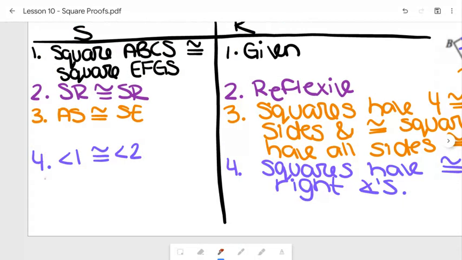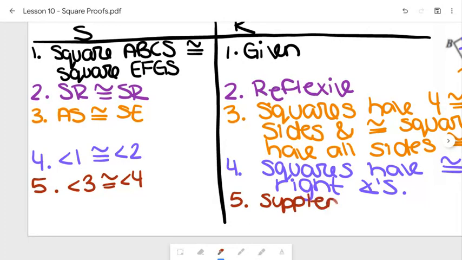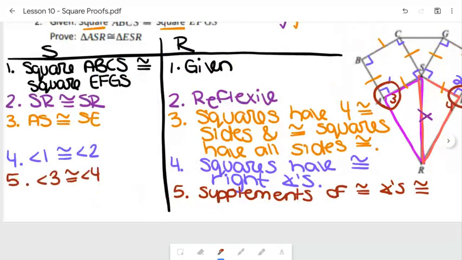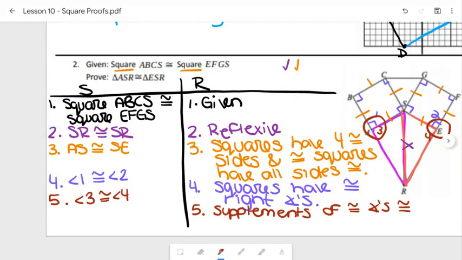So I'm going to jump and say that angle 3 is congruent to angle 4 because supplements of congruent angles are congruent. Okay, so those, we know that 3 and 4 would have to be supplementary to 1 and 2 respectively because they're angles on a line.